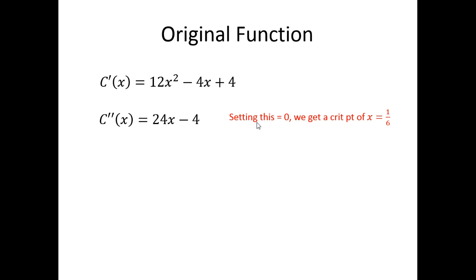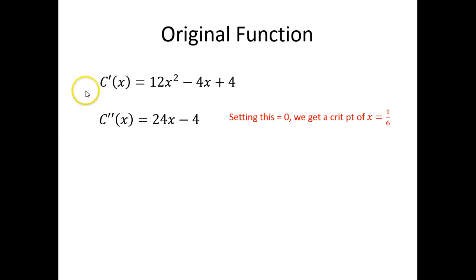It's the second derivative of whatever function we're trying to optimize. This is the first derivative of the marginal cost function. Again, a little bit convoluted, but stop and think about it. We didn't start with c of x, okay? We had to take the derivative and start with c prime. So even though this says c double prime, this is still the first derivative of the marginal cost function.